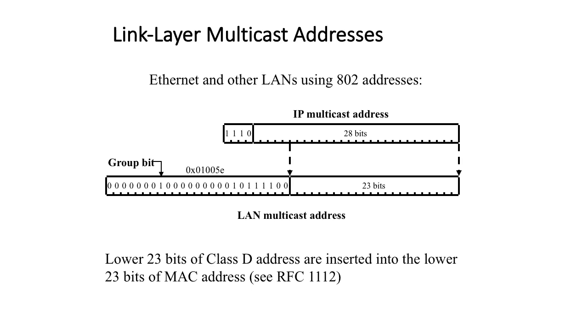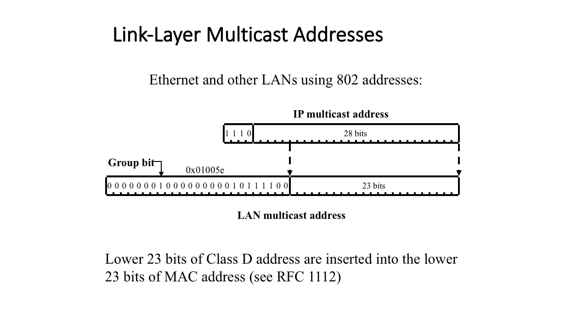So I take the lower 23 bits of the multicast class D address, and I insert it into the MAC address. The MAC address is the media access control sublayer within the data link layer. So how does it work? The MAC address is assigned to every node on an Ethernet network.